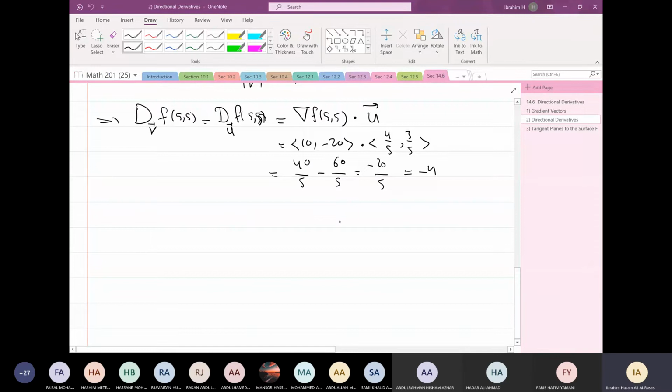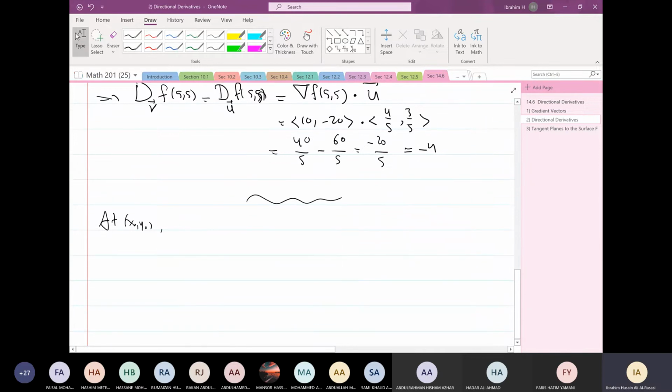So the answer is the following: at x0, y0. Notice we are specifying a point. So you have a different answer at different points x0, y0. The largest slope of the tangent, or we say the maximum value of the directional derivative.